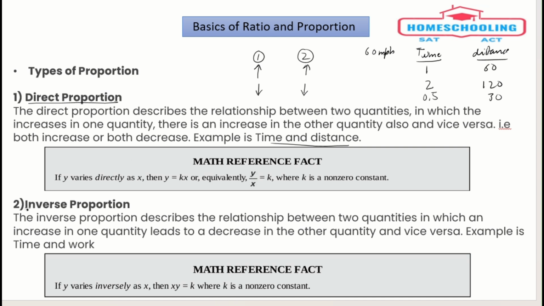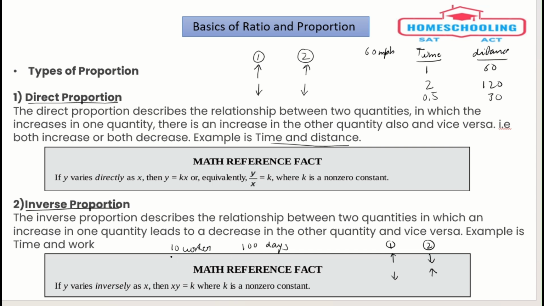In the other type of problem, the inverse proportion problem, if there are two quantities and one increases, the other one will decrease, and if the first quantity decreases, then the other quantity will increase. Let's take an example. Let's say there are 10 workers who build a house in 100 days.